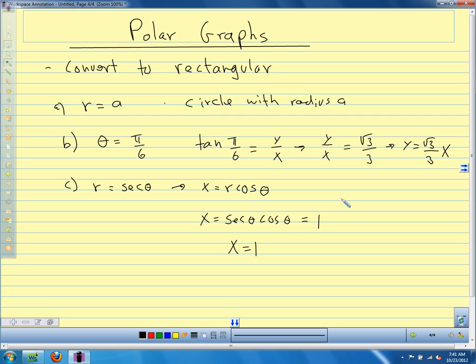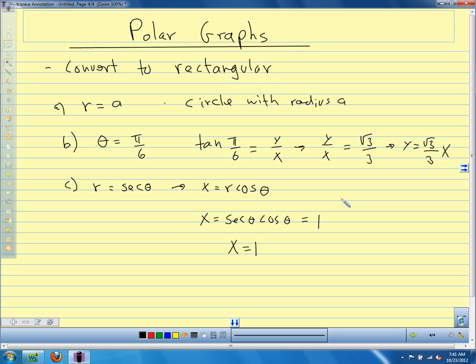Those come up frequently. The limacons and the cardioids come up fairly frequently. So it's not that you need to memorize those, but just look over that chart. As we do more, you'll see these repeatedly, and you should start becoming more familiar.